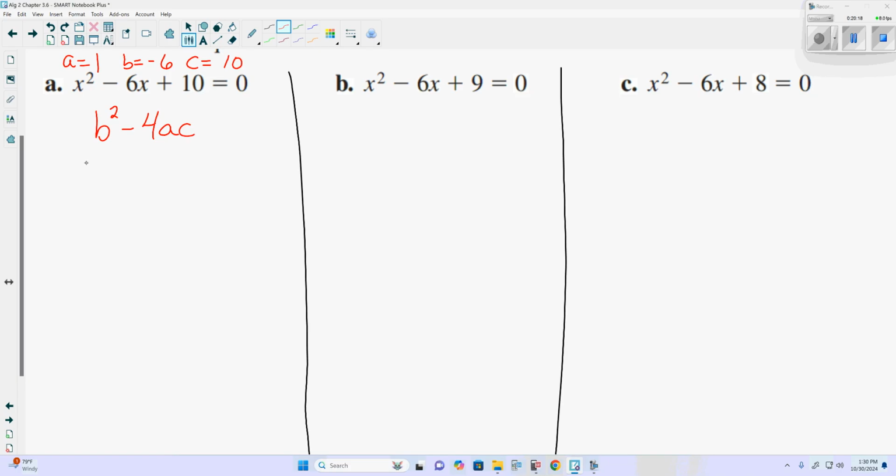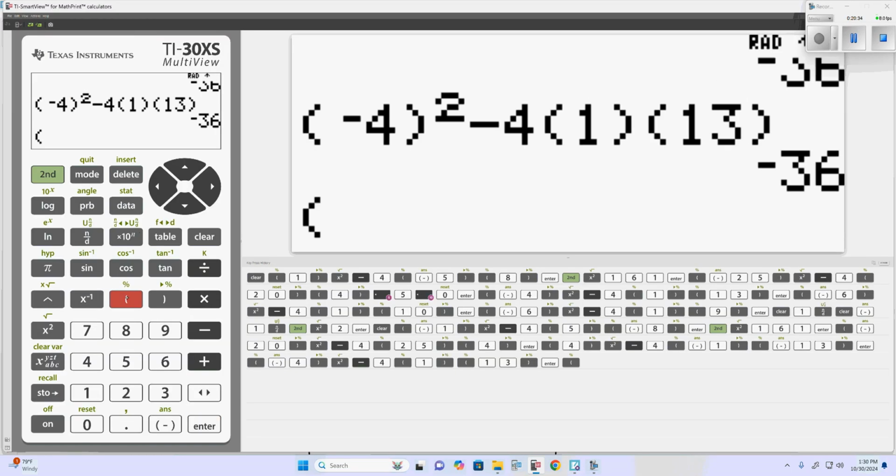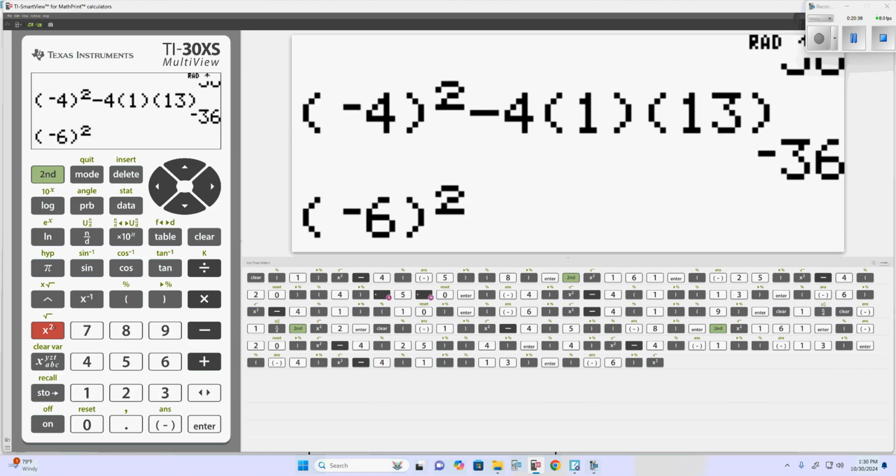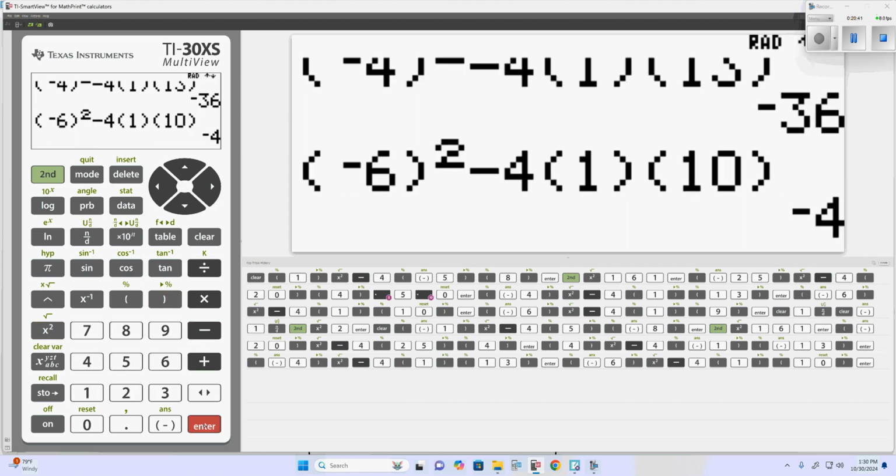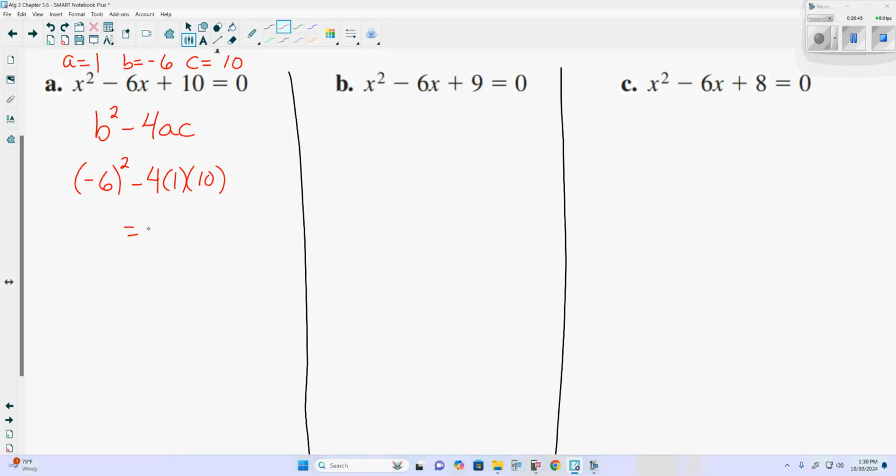Well, our value of b is -6 squared minus 4 times our a value times c. All right, we're going to plug it in. Minus 4 times 1 times 10 is -4. So the value of the discriminant is -4.